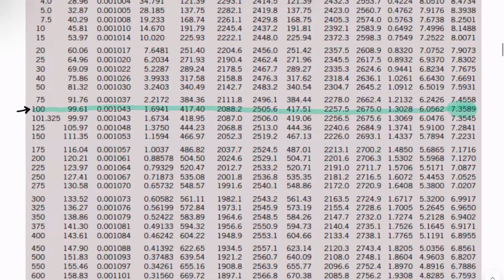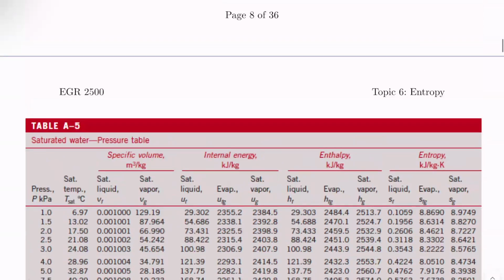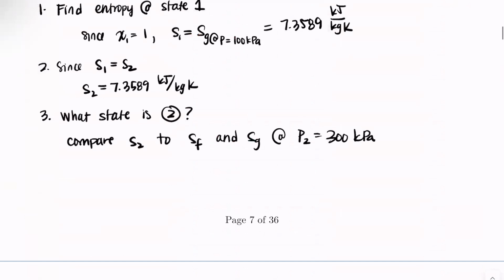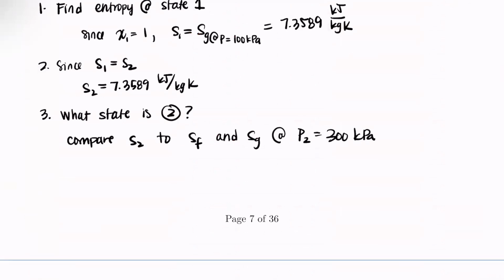So at 300 kPa, we have this line of data. So SF is 1.6717 kilojoules per kilogram Kelvin, and then SG is 6.9917 kilojoules per kilogram K.